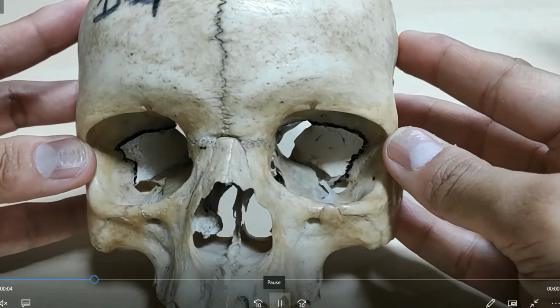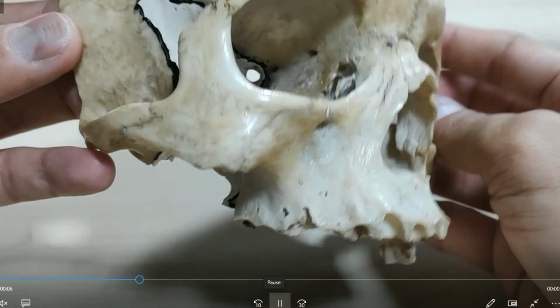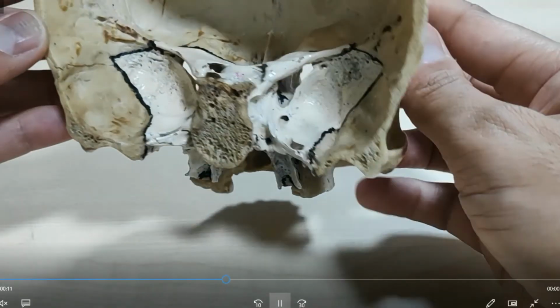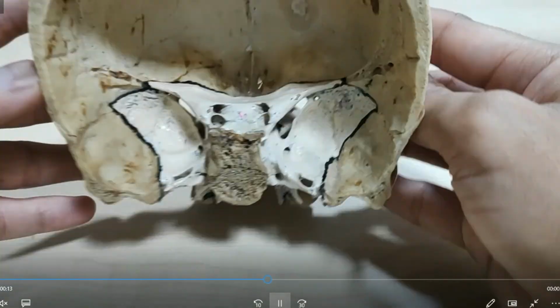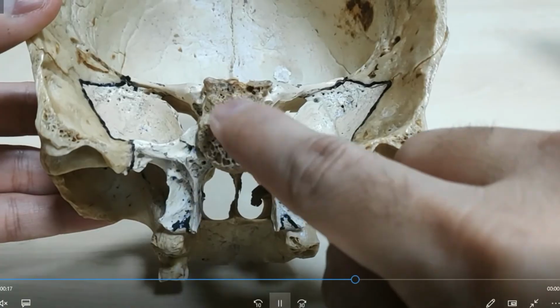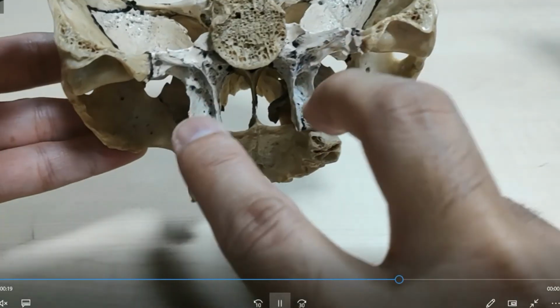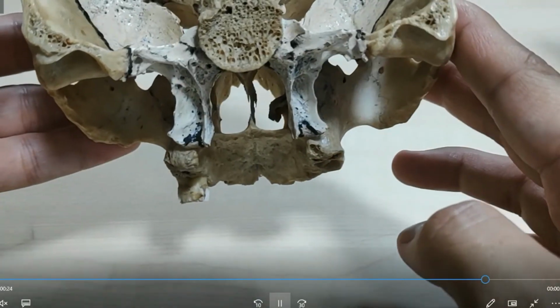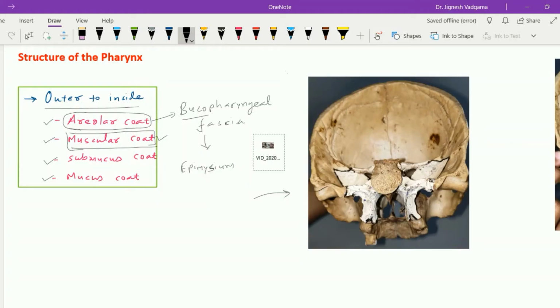This is norma frontalis, and we have taken the coronal section of the skull, and this is the view from the posterior side of the coronal section of the skull. Here, this is the body of the sphenoid, and these two are the pterygoid processes of the sphenoid. So in this figure, we can appreciate the posterior view of the coronal section of the skull.